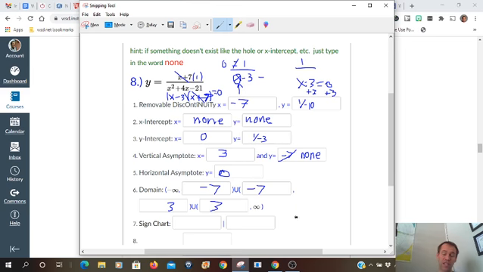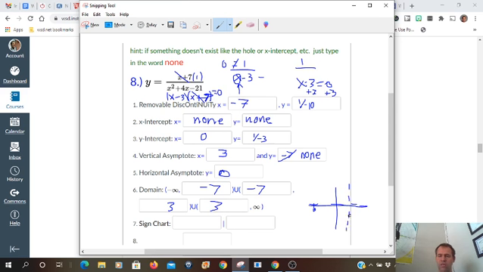It would be tricky, you'd have to know the holes. Basically, if I graph this, I'd have a hole way over here at -7, -1/10, a little hole right here, then an asymptote at 3: 1, 2, 3.